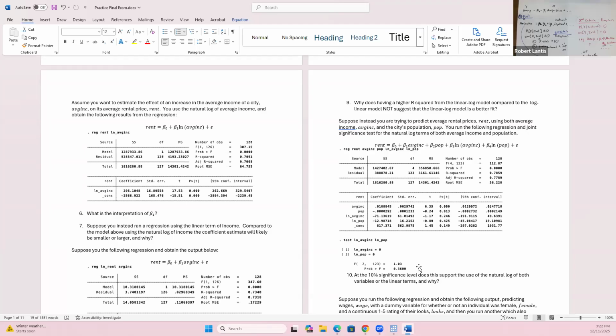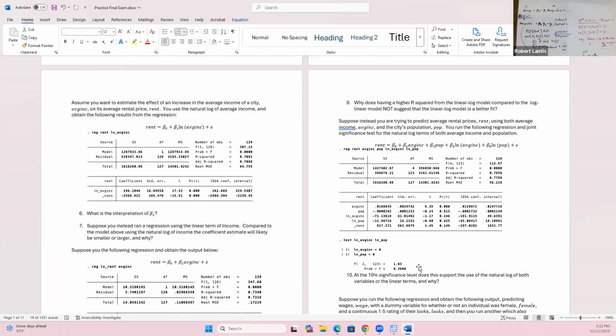I want to know, should I just have the linear terms or just the natural log terms of these two variables? Well, what's true about the statistical significance of the natural log of income compared to just using a linear term? It is less statistically significant. But what's true about population compared to the natural log of population? Natural log of population is actually more statistically significant. Still, both are statistically significant, but this one is less, right? The p-value is smaller.